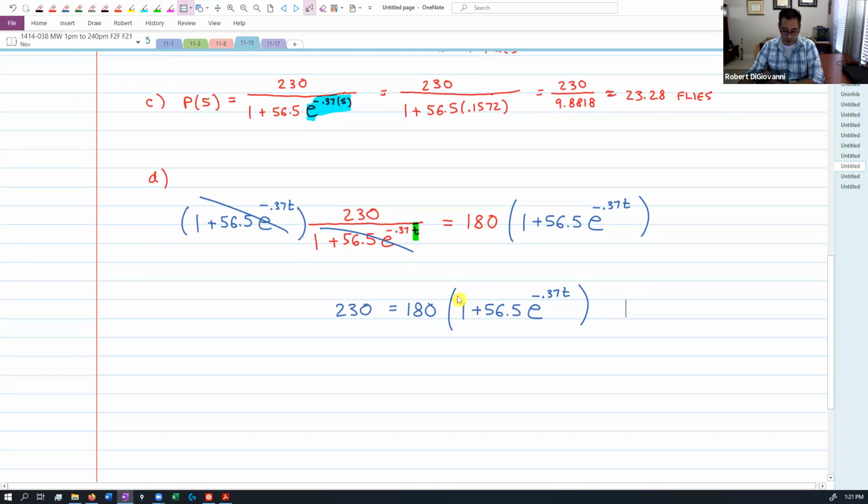You could do it, but I'm going to divide both sides by 180 right now. And that will clean it up on the right-hand side. On the left-hand side, well, I'm going to get a decimal. I get 1.278, let's say, equals. Now I don't need the parentheses anymore because I got that 180 out of there.